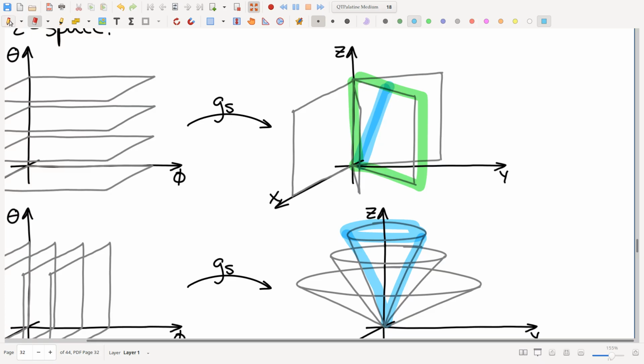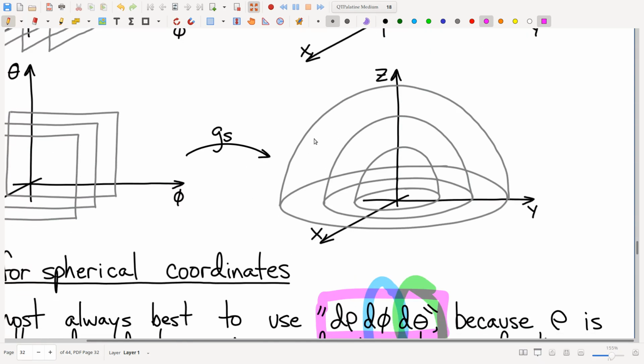All right, and then of course the rho business is really no problem. Here might, for example, be a phi slice of my theta slice.